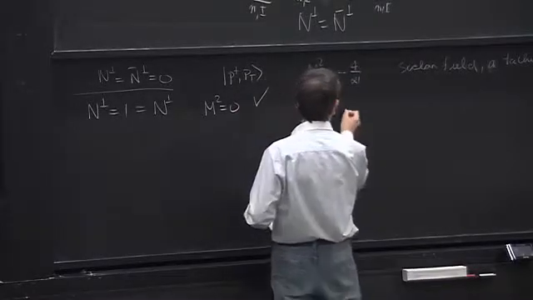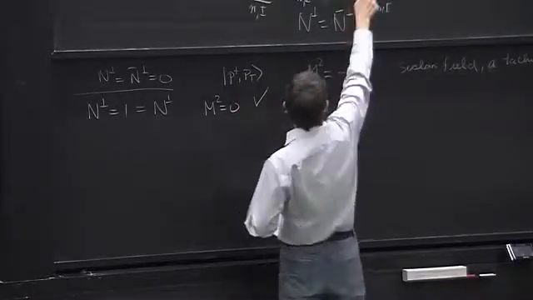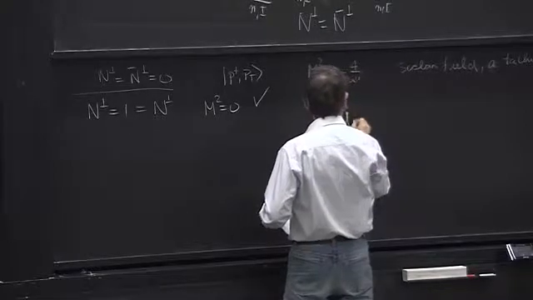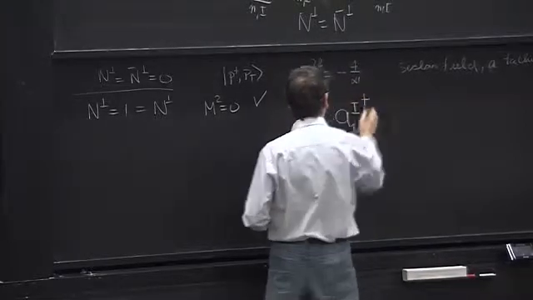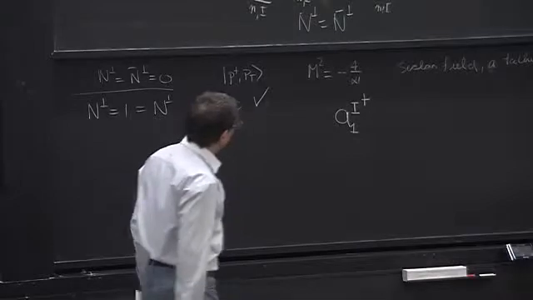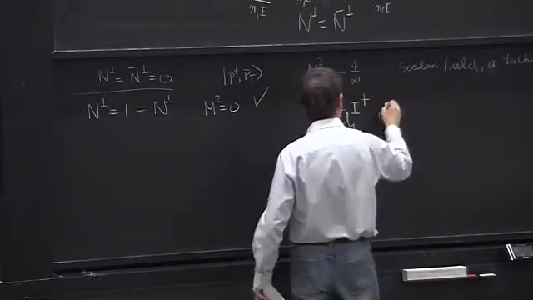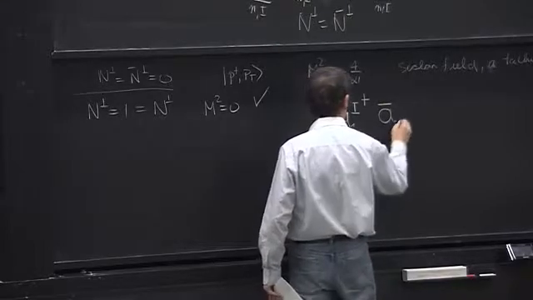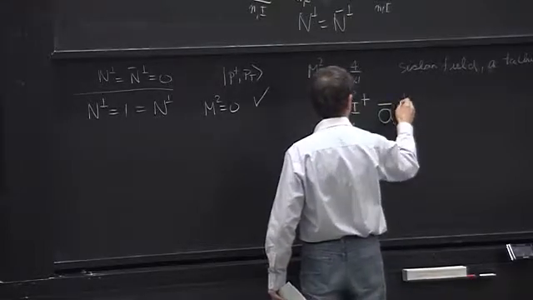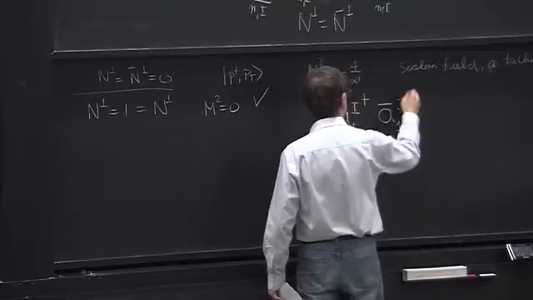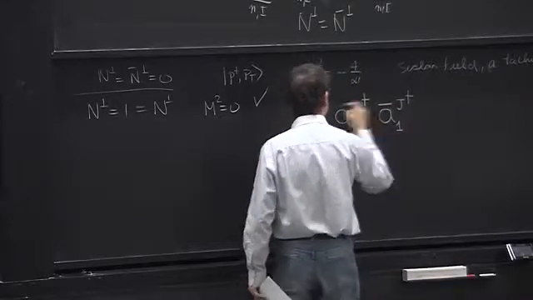So we can put an A1 I dagger, and we must put, to satisfy the constraint, an A1 bar J dagger. I and J need not be the same.